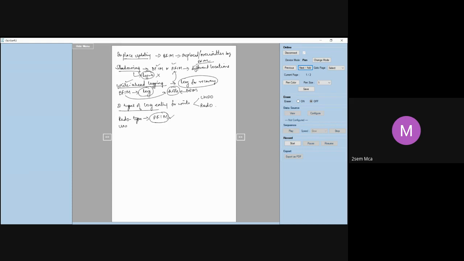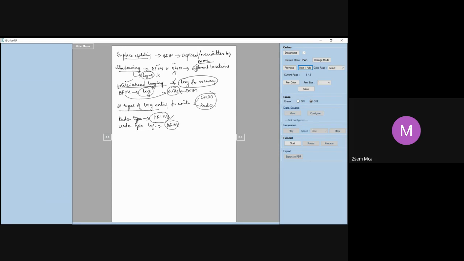Now we talk about the undo type. An undo type log entry will always include the BFIM, because if you want to undo the operation from the log, then you require this particular information. So there are two types of log entry information included for a write command: what is needed for an undo, and what is needed for a redo operation.